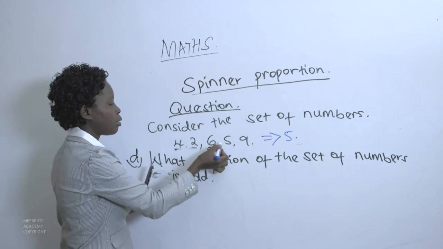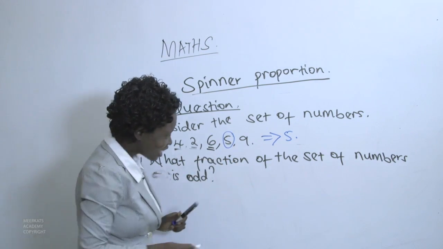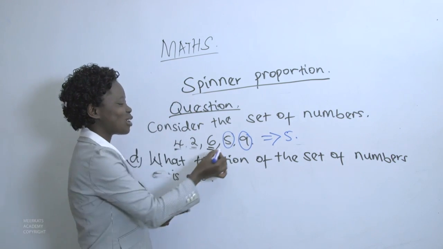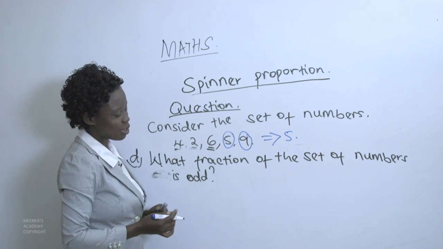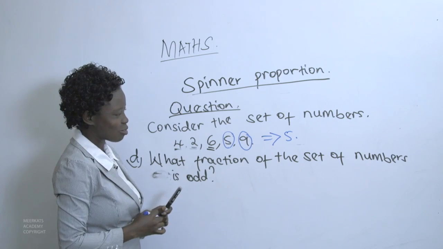So odd numbers, we are having the numbers that are left, that is 5 and 9. So we have 5 and 9 as the odd numbers that are available in this set of numbers.